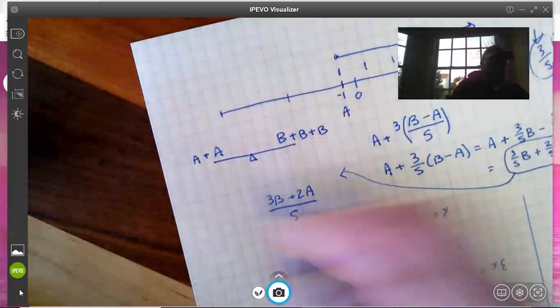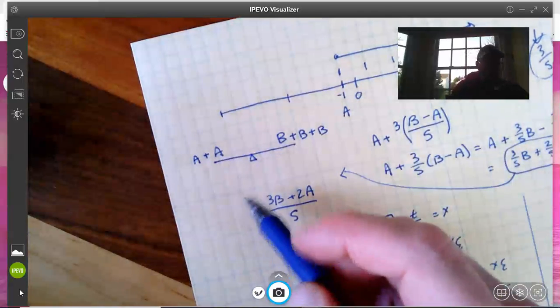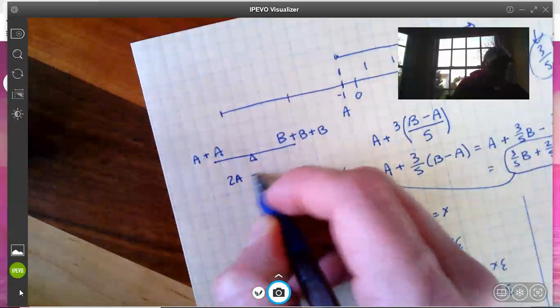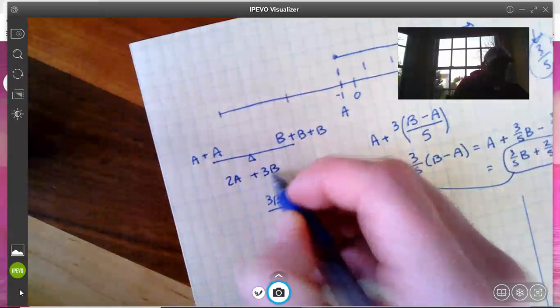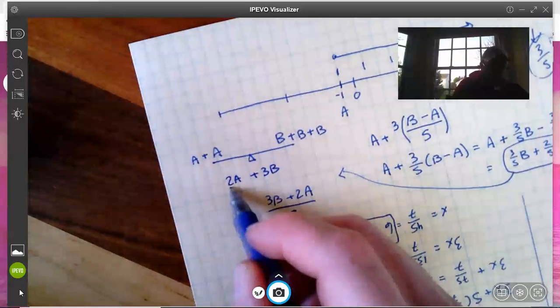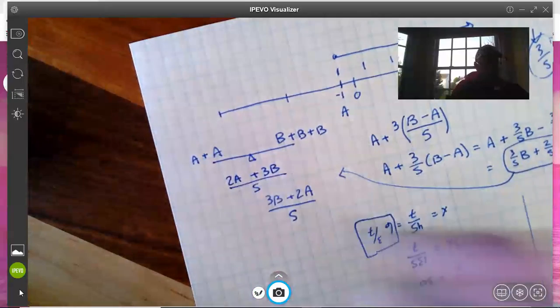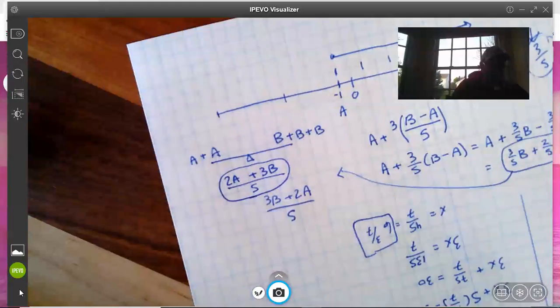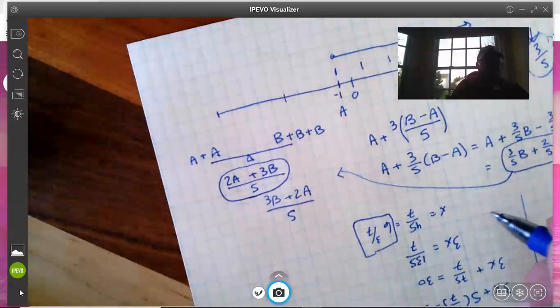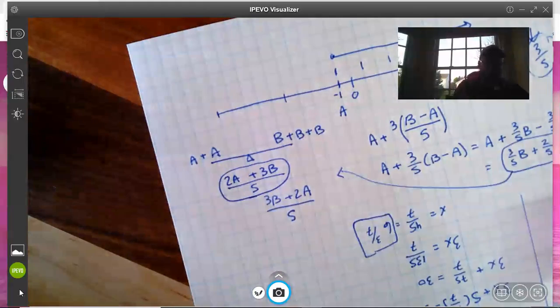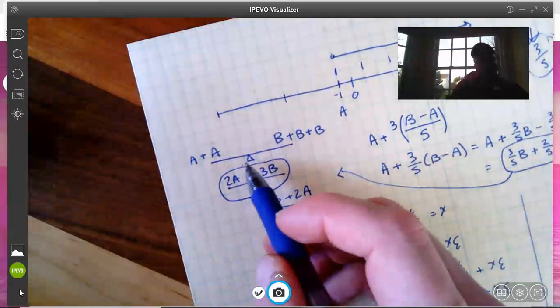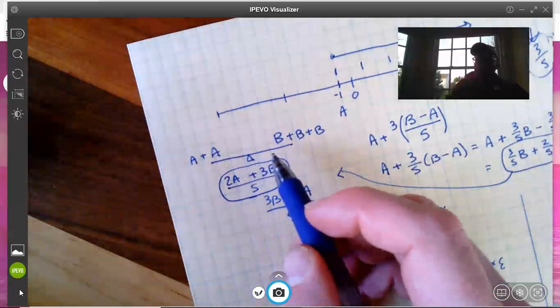So if I calculate the average of all these, I now have 2 A's plus 3 B's, and altogether I have 5 numbers. So I end up with (2A plus 3B) over 5, which is going to give me a balancing point that is unequal, closer to the B side.